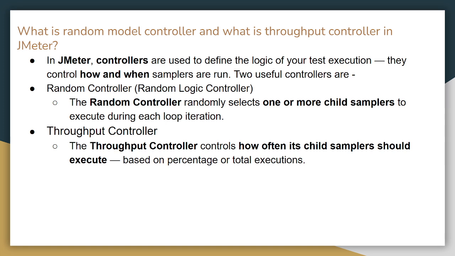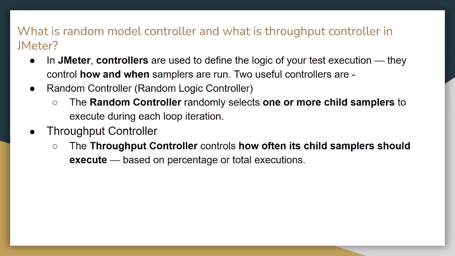Now the next question is, what is the random controller, and what is the throughput controller in JMeter? In JMeter, controllers are normally used to define the logic of test execution. They control how and when samplers should run. Two useful controllers are the random controller and the throughput controller.